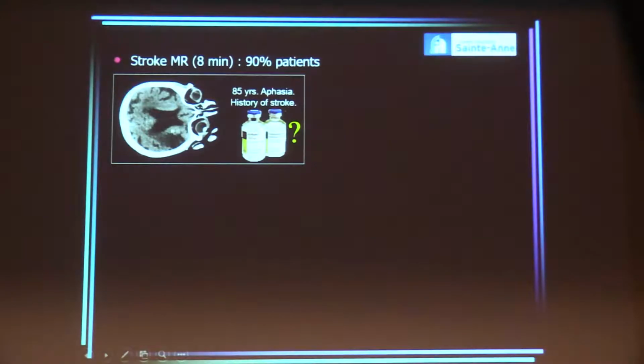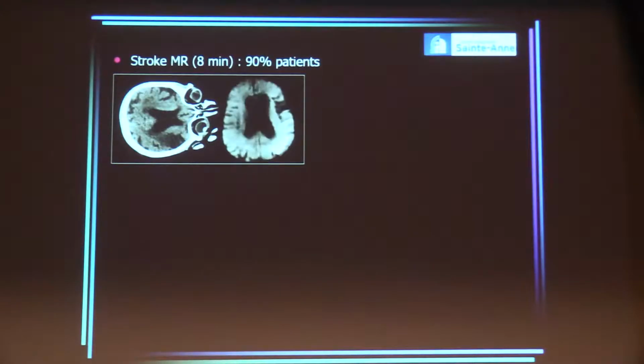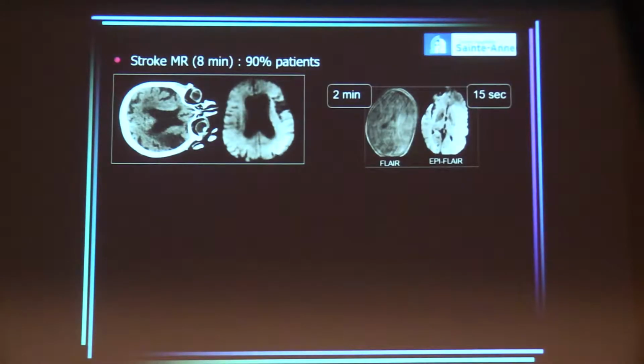On the plain CT, there was what can look like a sequel, and clinicians were hesitating on whether to give TPA or not to this patient. So we tried to push him to the MR, hoping that we could keep him in the magnet, and we managed to do it. And as you can see here, there is an acute stroke, so we are sure we're giving TPA to an acute stroke and not to a stroke-like patient.